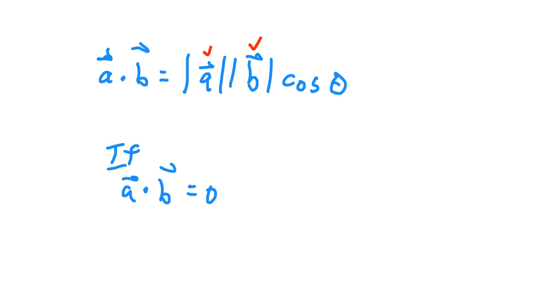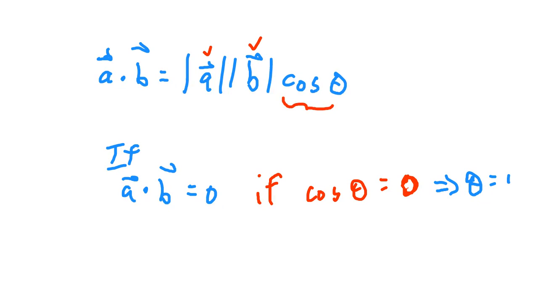But the third option is the cosine of theta equals 0. Well, if the cosine of theta is equal to 0, then this means that theta would have to equal 90 degrees, right?